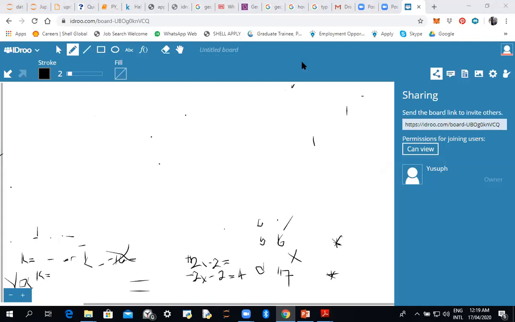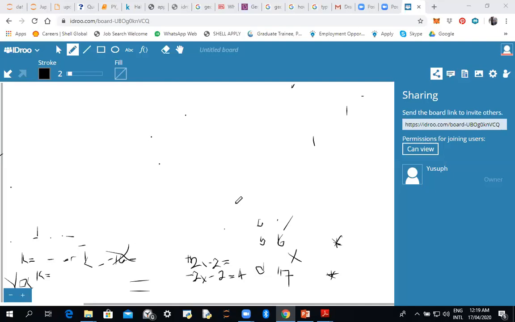So based on that diagram you drew, you see that 3x and b are both on the same straight line, right? Yes or no?